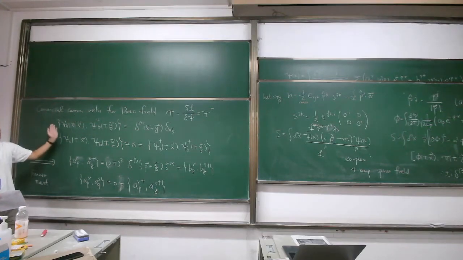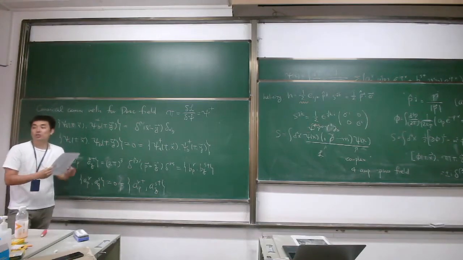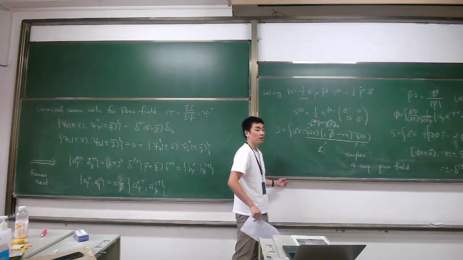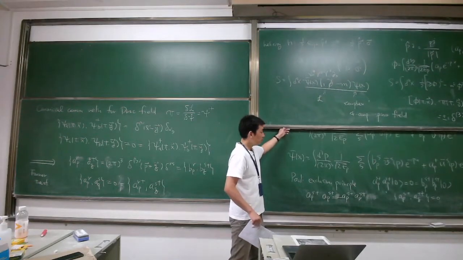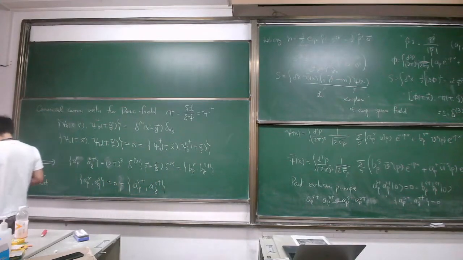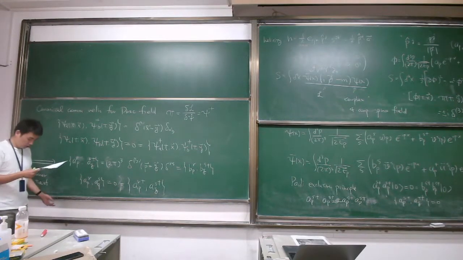But here, instead of the commutation relation, you impose the anti-commutation relation due to Pauli's exclusion principle. That's the spin-statistics theorem. I think this is a very good exercise, so you should do it by yourself.